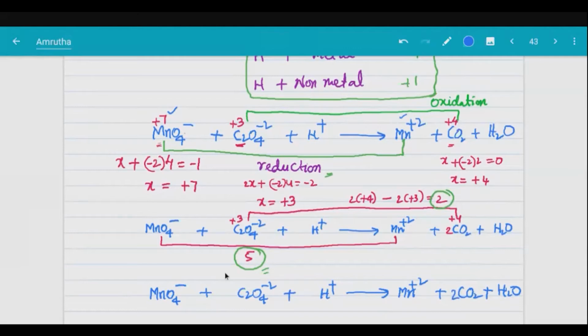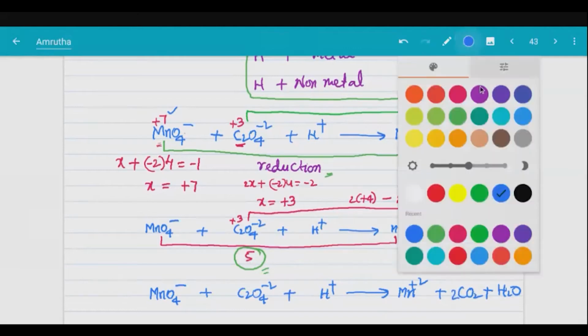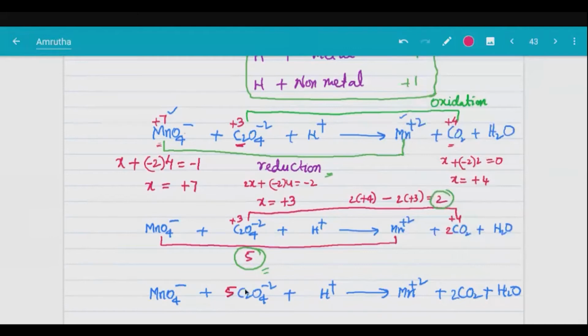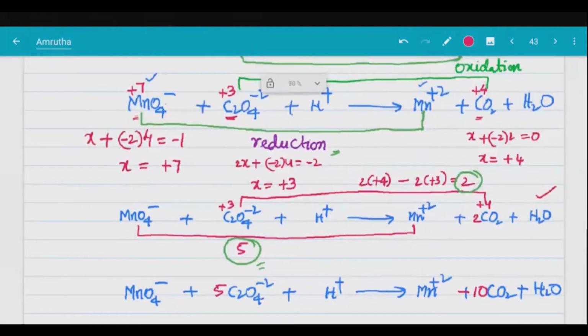So 5 I'm multiplying here. 5 into 2, so I should write 10 CO2.